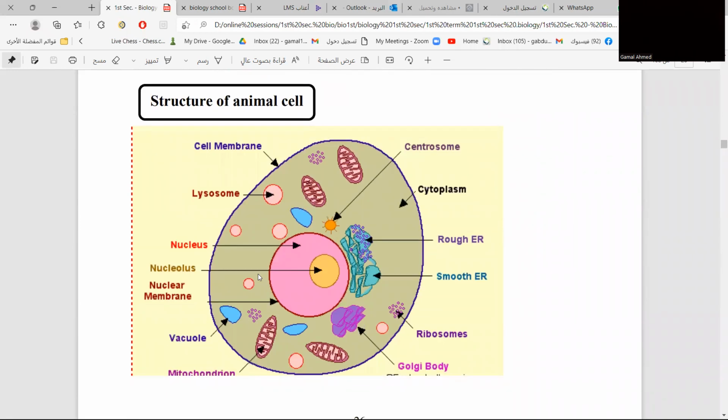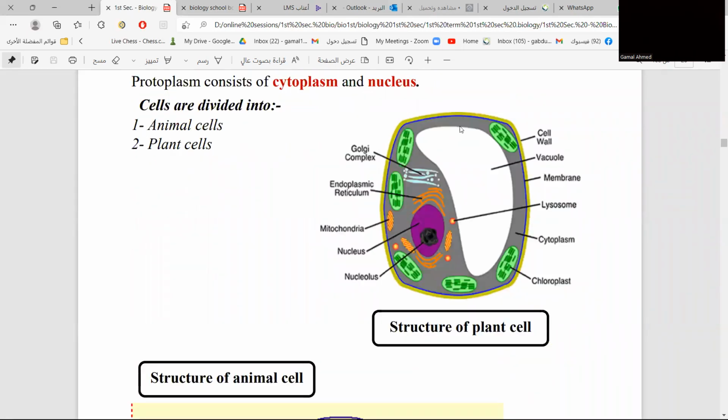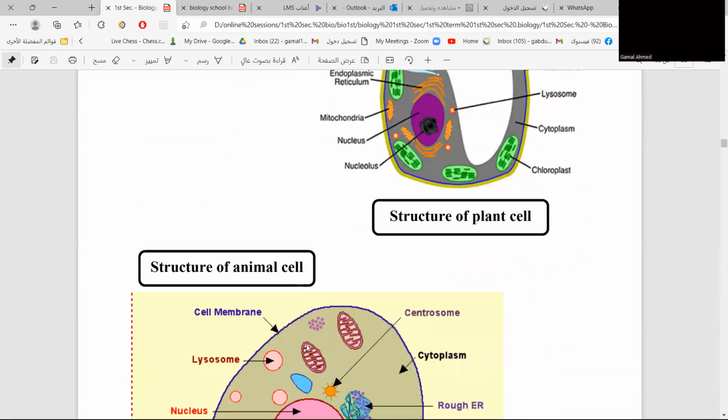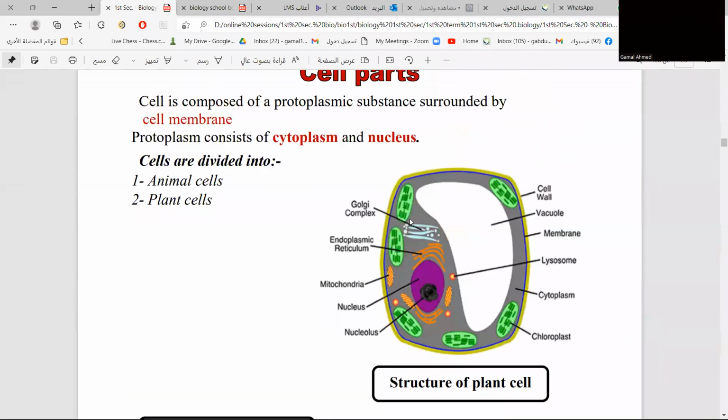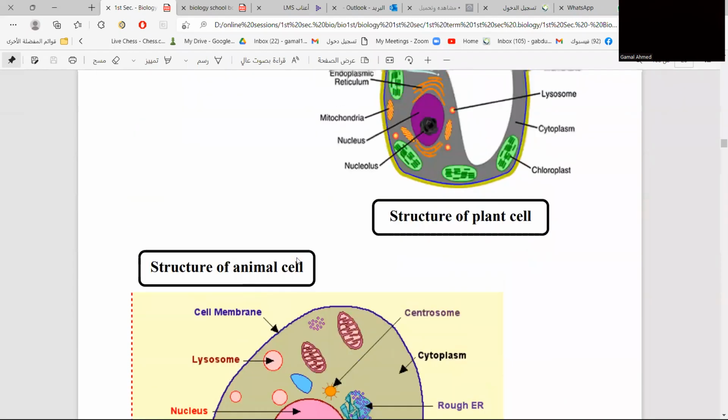But we have to remember the differences between the animal cell and the plant cell. The plant cell has a cell wall, but the animal cell hasn't. The plant cell has green plastids or chloroplasts; the animal cell hasn't chloroplasts.